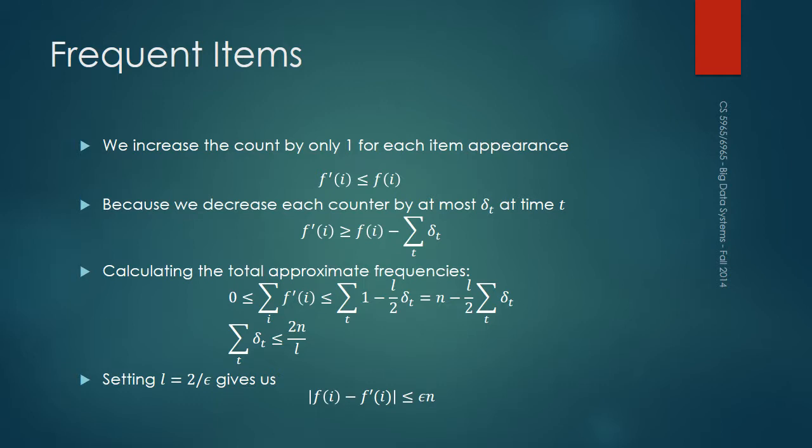If I have some set of counters here, I pick the median, and that is delta t I'm subtracting. So if these were my summation of my frequencies, the only part that I'm sure of that I can subtract all the time is this, and this is L over 2 delta t. I might subtract more here, but I'm not guaranteed and I can't give a number here. So I cannot say that it's L times delta t because this depends on what the counters are looking like.